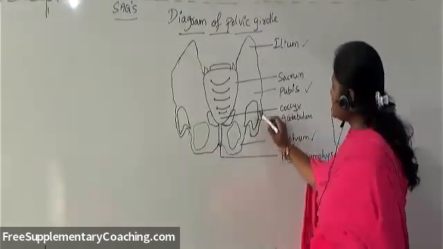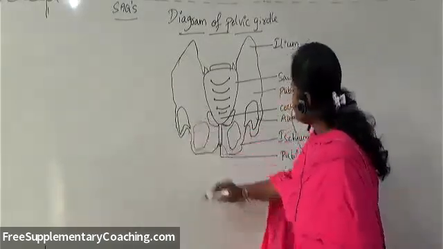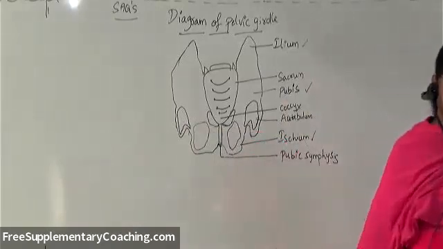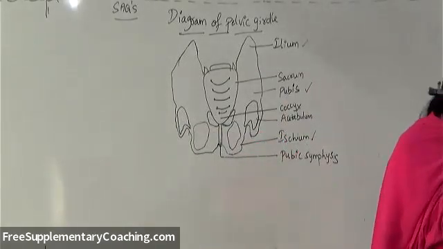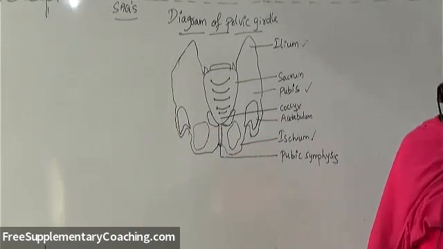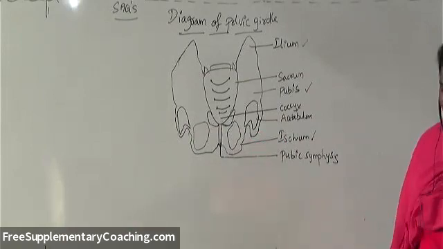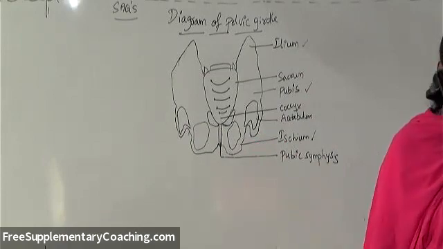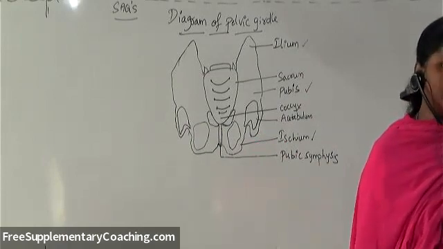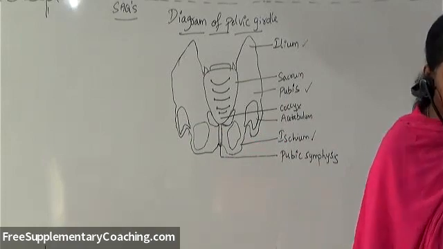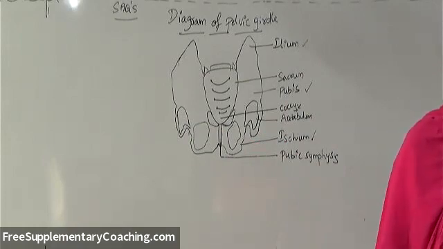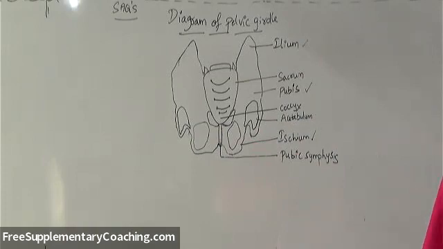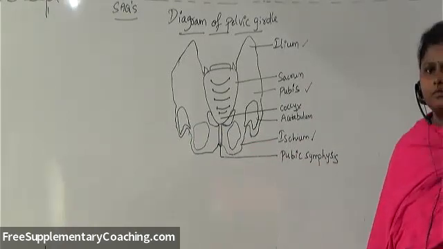And finally you show the cavity, which is called acetabulum, the cavity that helps in the formation of the joint between the coxal bone, that means hip bone, and the femur bone, that is the thigh bone, which come in contact to form a joint. So this is the structure of the pelvic girdle.